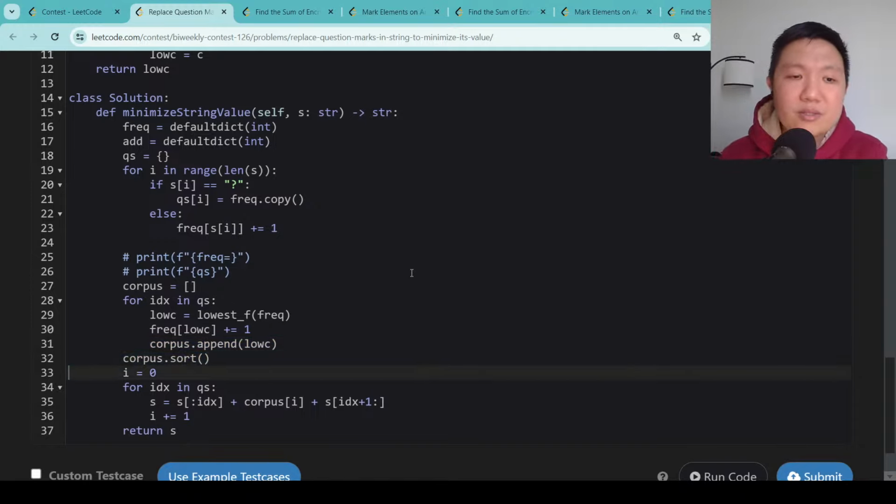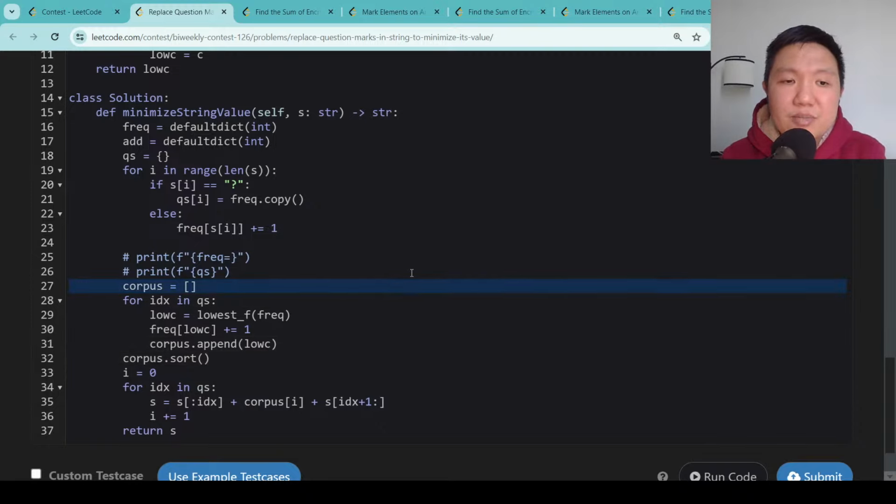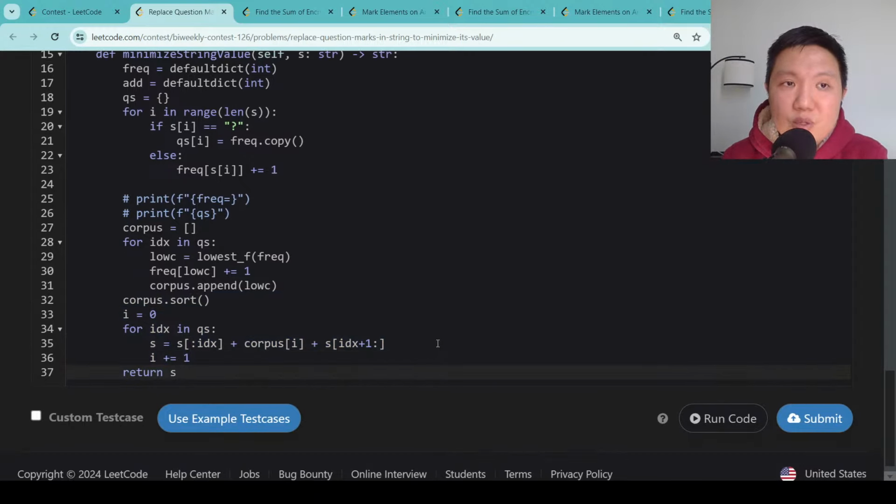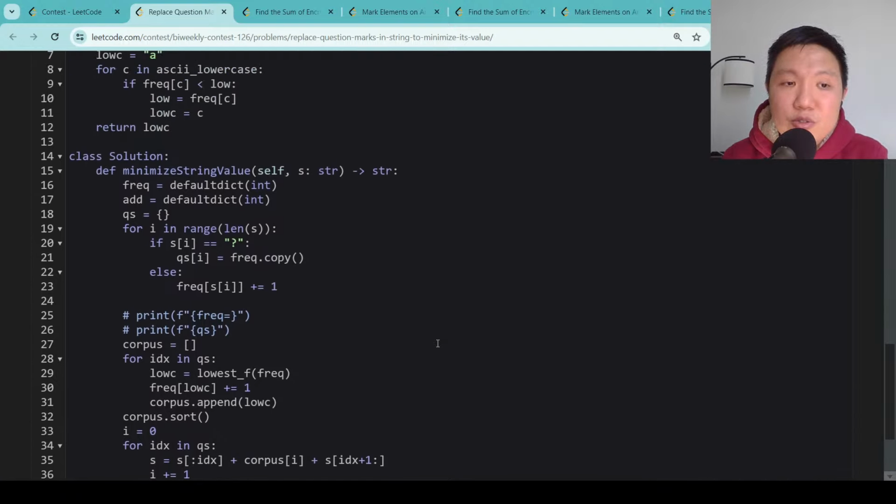I call it a corpus. It's just an empty array. So instead of doing the substitution right away, you calculate all the potential substitutes, put them in a giant array, and then sort the array, and then do the substitution. So you split it into 2 parts, step 1 and step 2. This will allow you to get the correct answer.